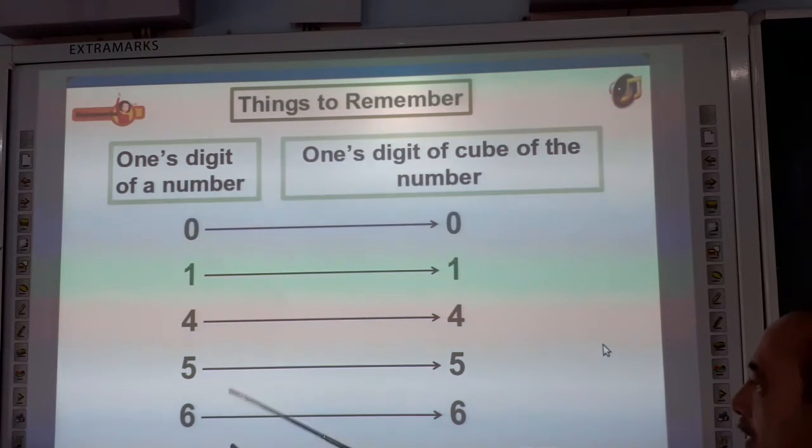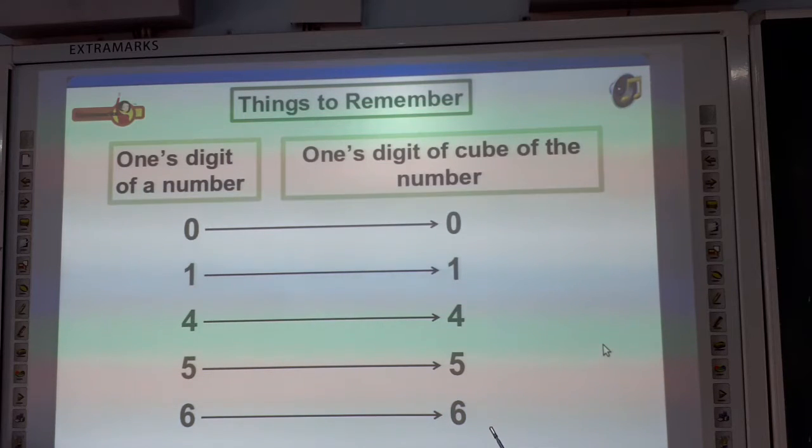If we have 6, its perfect cube will also have 6 in its unit place. 9 for 9. So these are the digits which are the same: 0, 1, 4, 5, 6 and 9 for their perfect cube also. So these unit digits are the same.